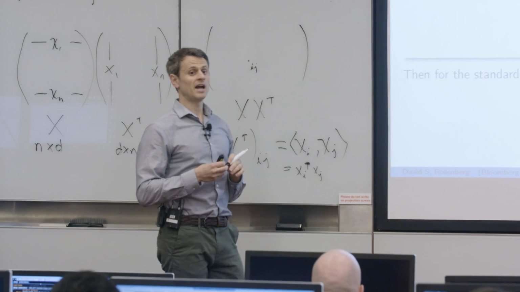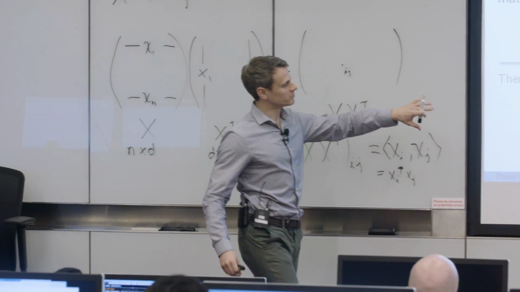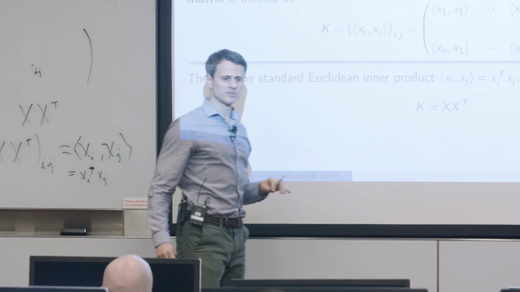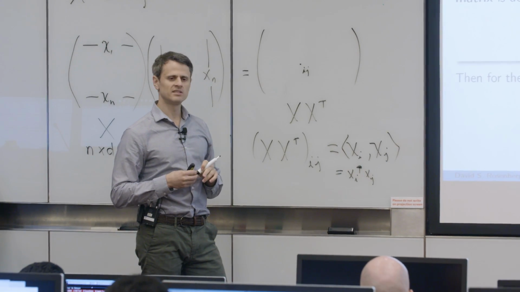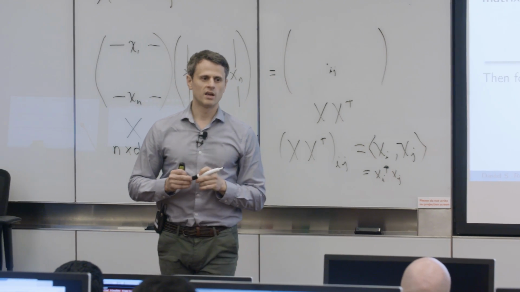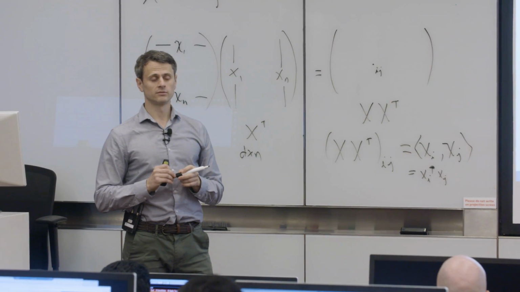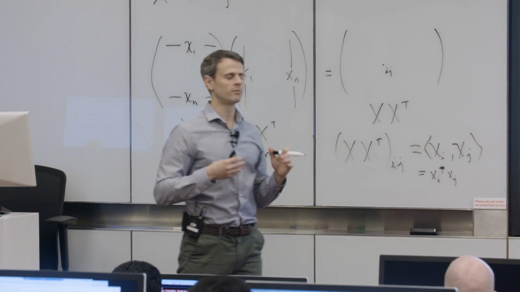That's something to keep an eye out for. In kernel methods, we're going to be working with this kernel matrix X X transpose, that's n by n. And in the original space, if it's like ridge regression, it's d by d. So we're going to be interested in kernel methods when n is a lot smaller than d, because we're going to prefer to work with the smaller matrix.